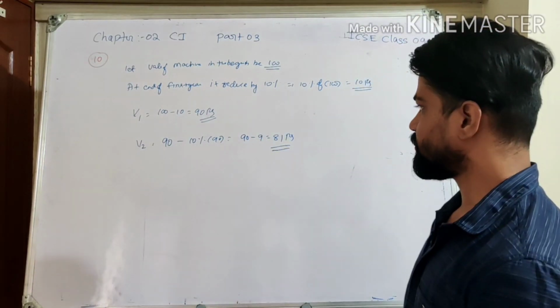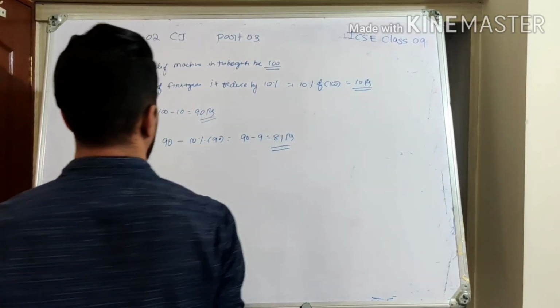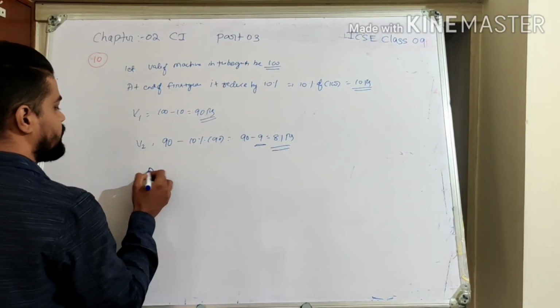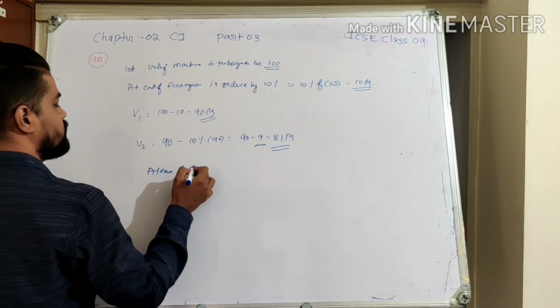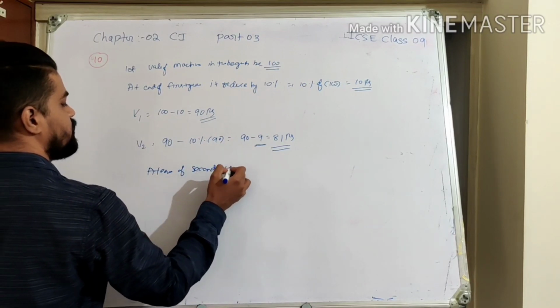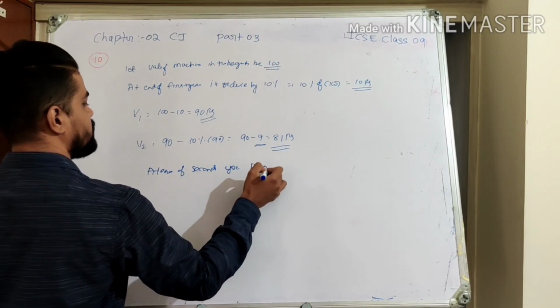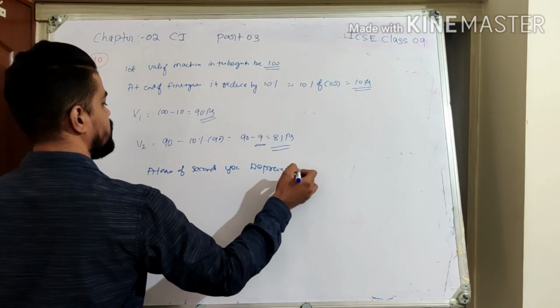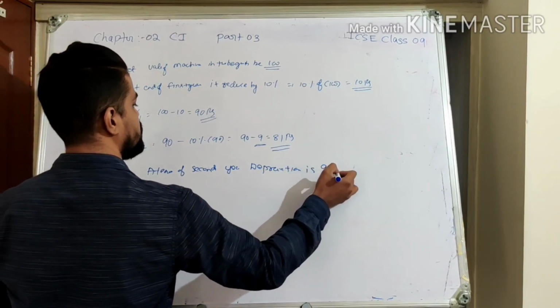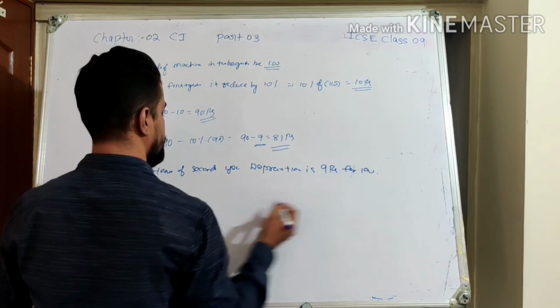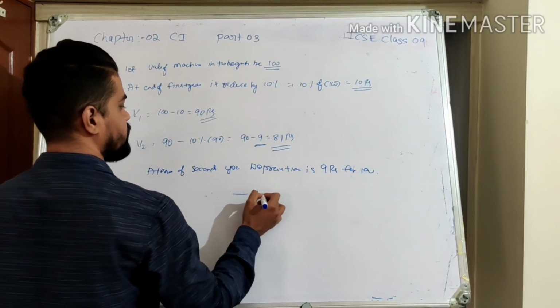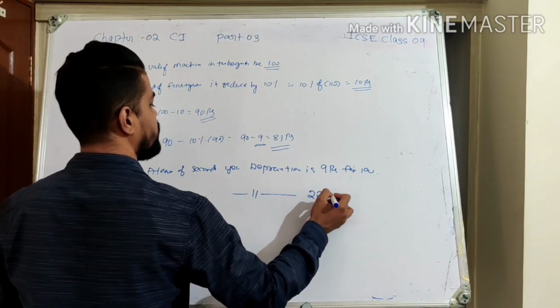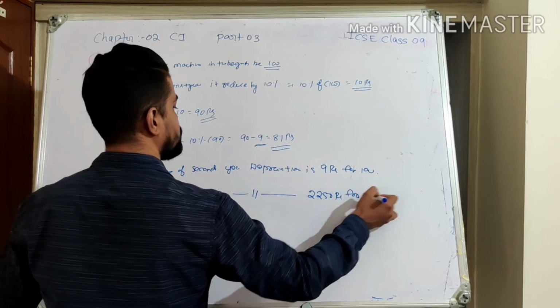Okay. So that means, what is the amount reduced at the end of second year? The depreciation is 9 rupees for 100. Therefore, same depreciation is 2,250 rupees for X amount.